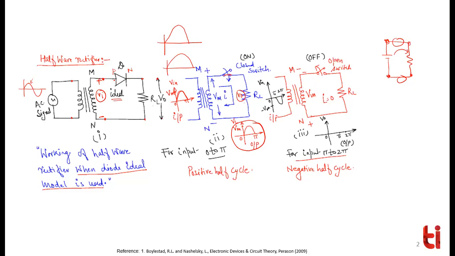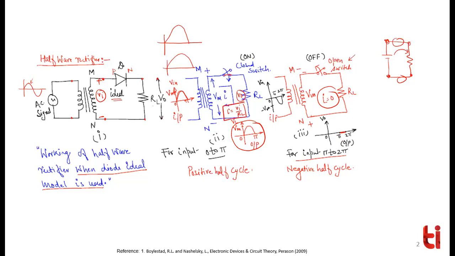So it becomes an open switch, and immediately the circuit breaks and the output will be 0. You will not get any output between pi to 2 pi. I will also be 0 in this case. However, in this case, what will be the I? I will be simply VI divided by RL.